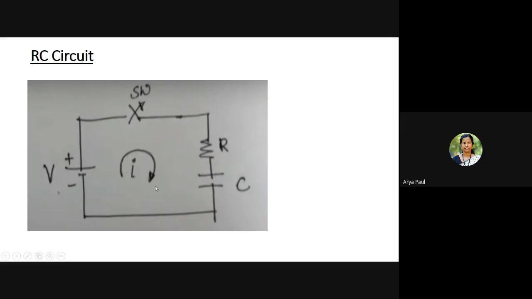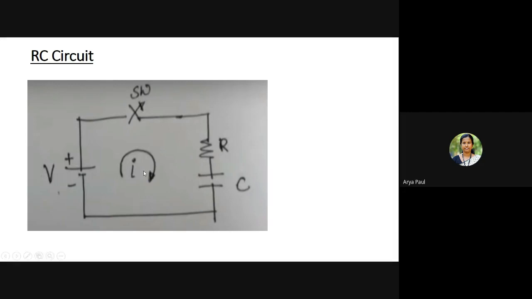The current will decrease, decrease, and decrease, and ultimately go to zero, since the two ends have the same potential.